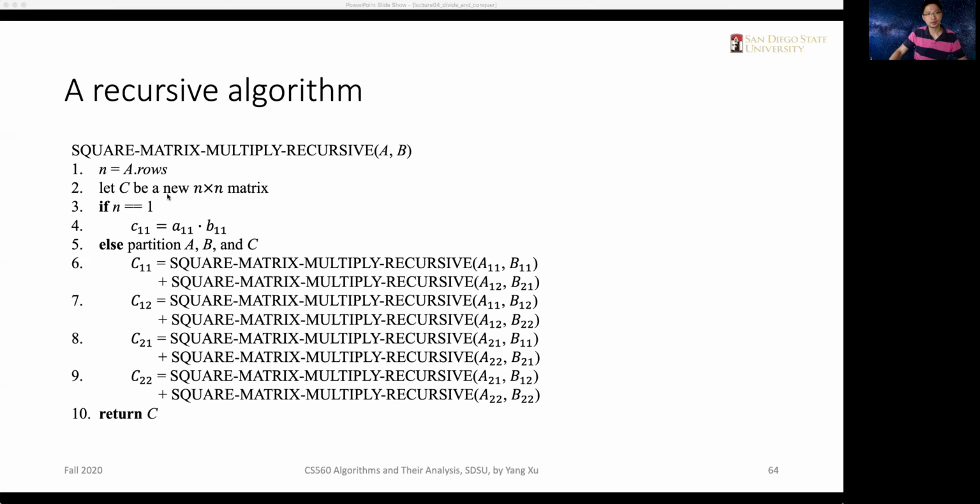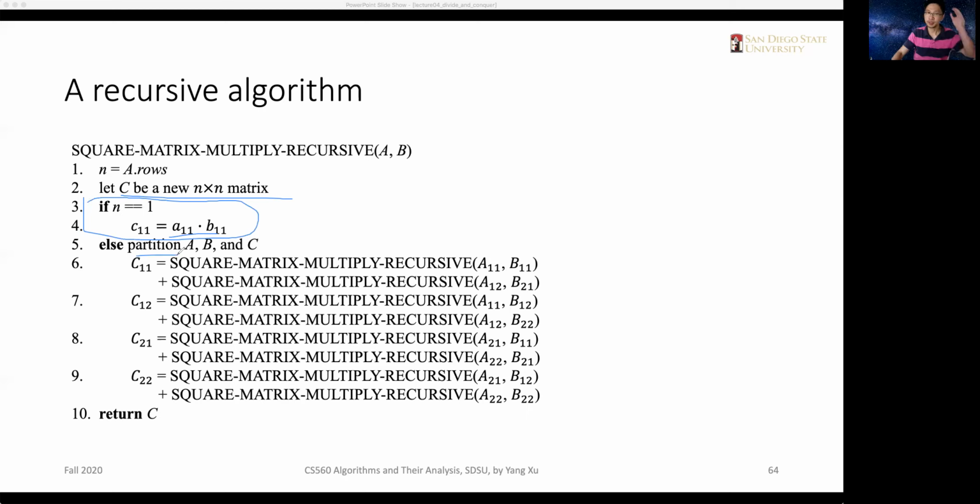Okay, so we create some space to store the results, and we also define the base case, so the recursion will return at this step. If we are computing the product between two scalar numbers, then we simply return the result. There's no way to split, right? But for any larger cases of A, B and C, we need to do the partition.